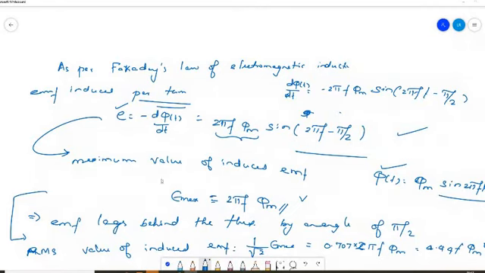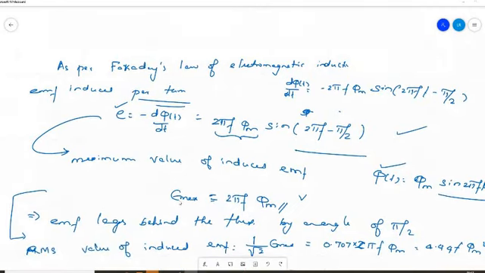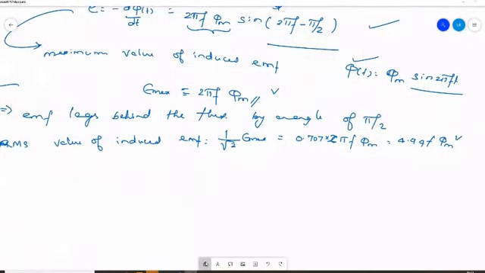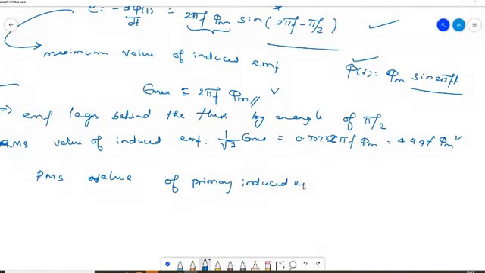Now when I analyze the primary winding as a whole, I have to take all the windings. All the turns of the windings are going to be taken into account. So in that case, the RMS value of the primary induced EMF will be 4.44 f phi m into the number of turns in the primary.